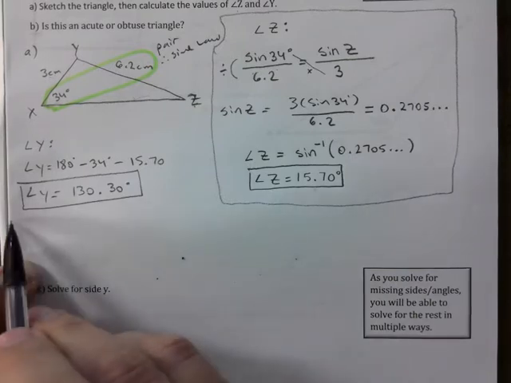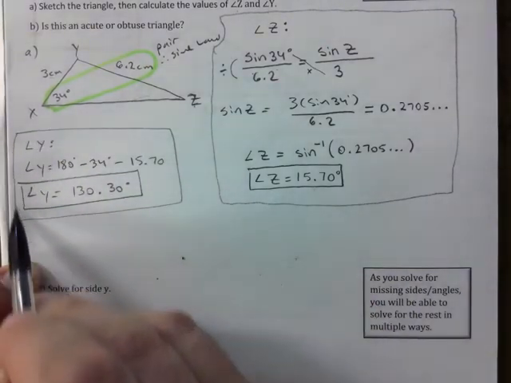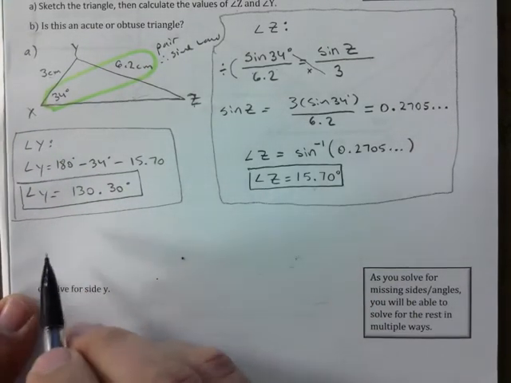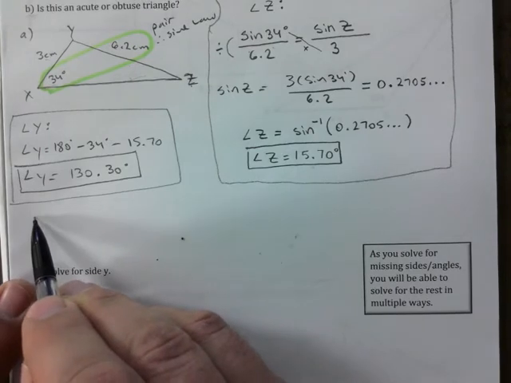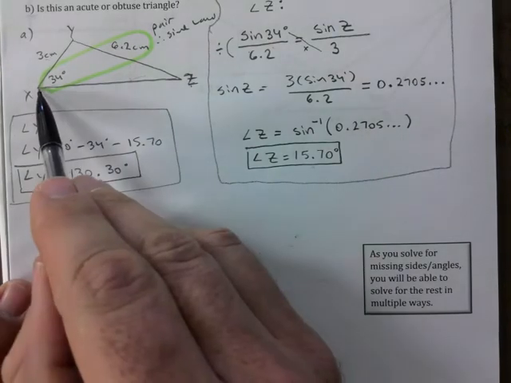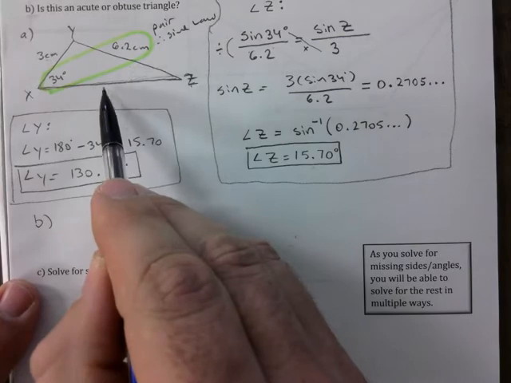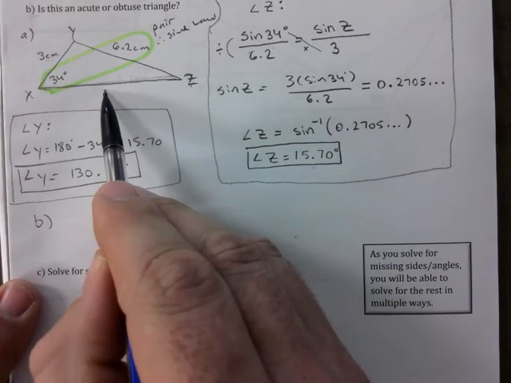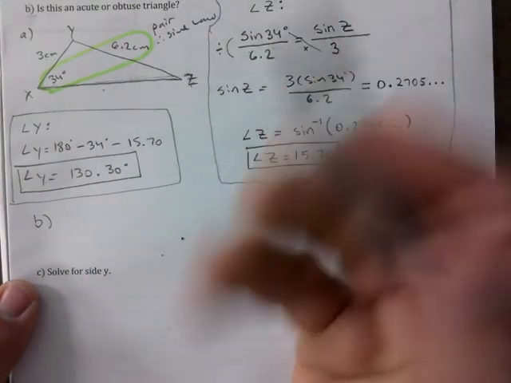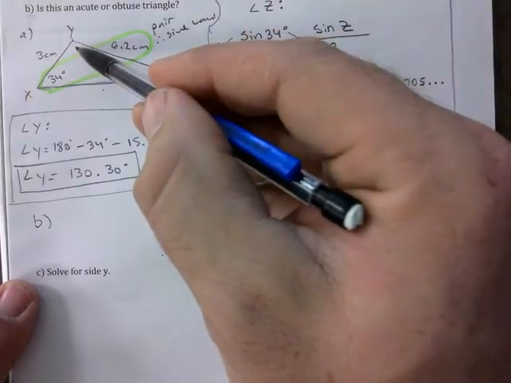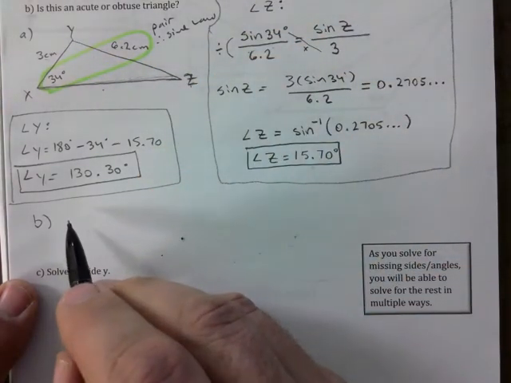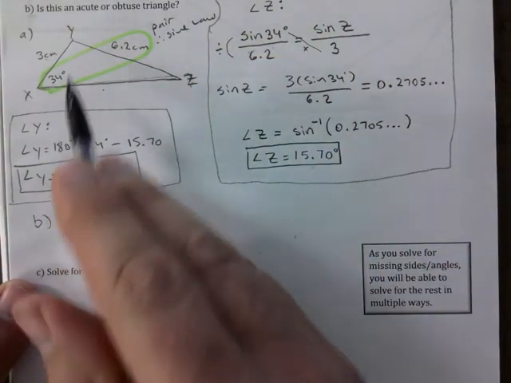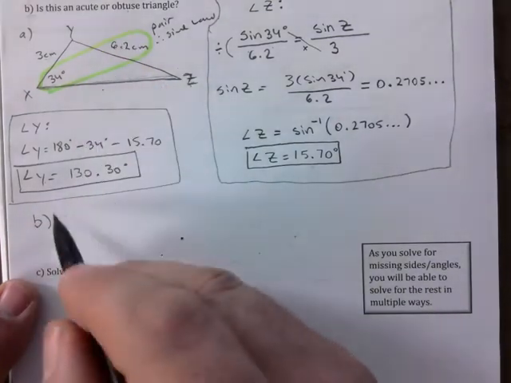So we just figured out y and z, okay? Question, could I possibly solve for side y now? Yes, I could. I have angle y, so I have a pair. I have the angle across from it. Sure, I could. And part B is asking, is this an acute or obtuse triangle?